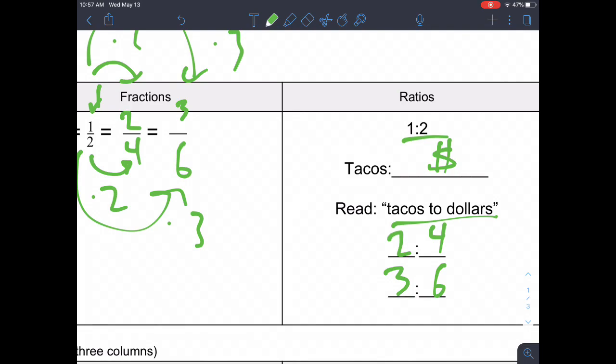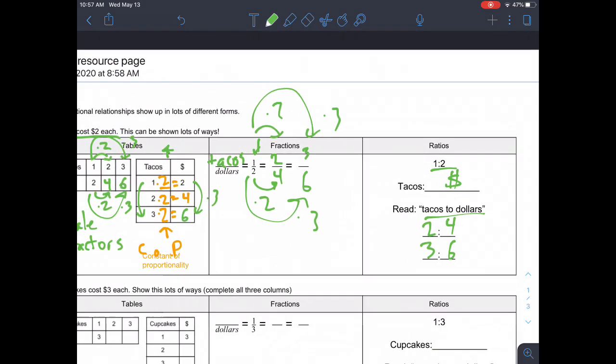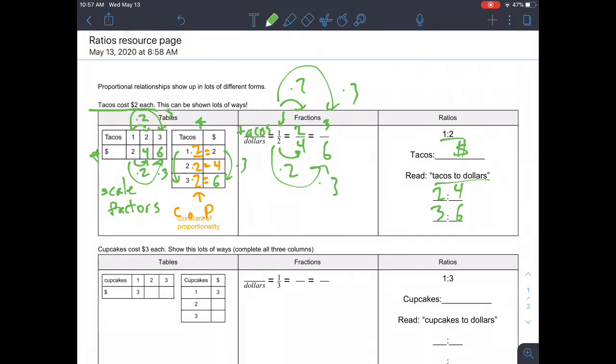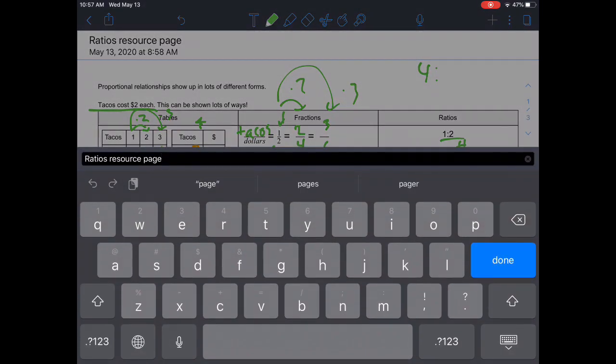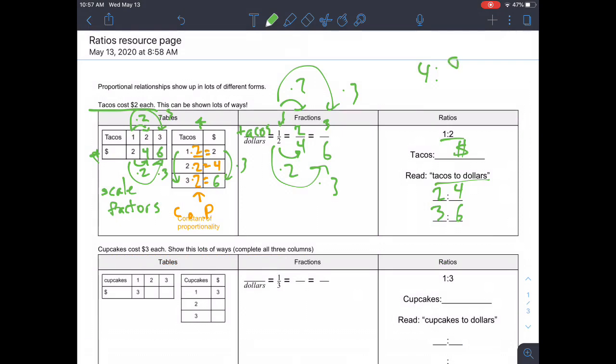The reason I want to reinforce all the ways these are written is you're going to be given problems on the quizzes that tell you things like, there are 4 students for 8 desks. And it's written like this. 4 to 8, and that's students to desks.